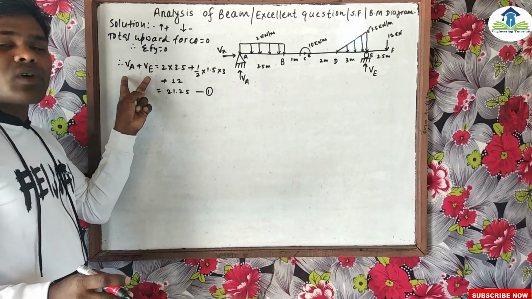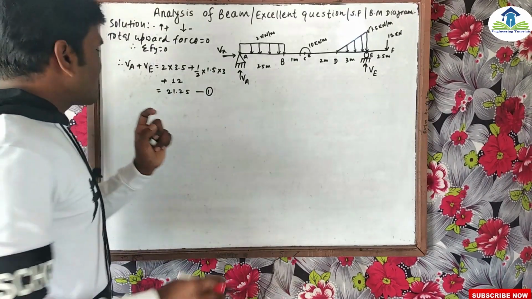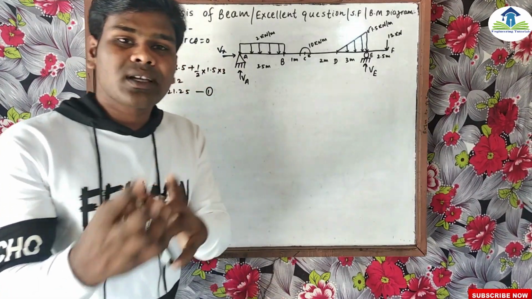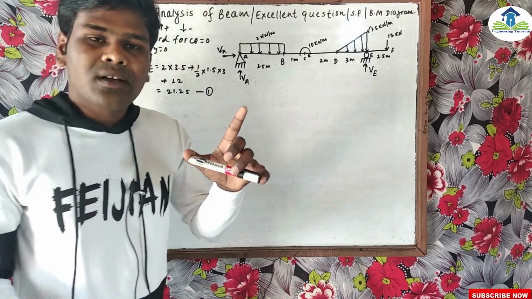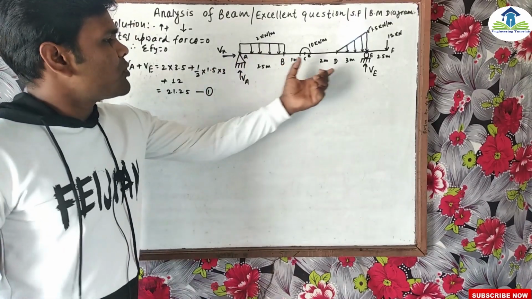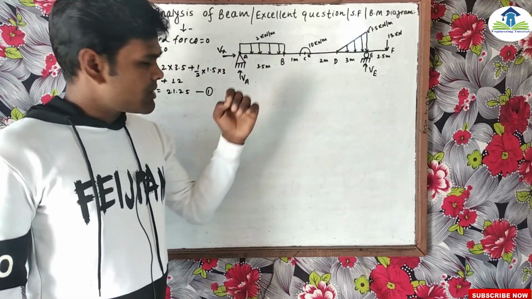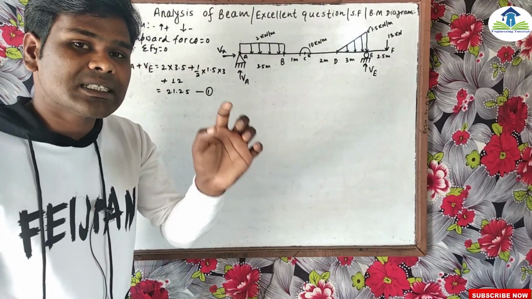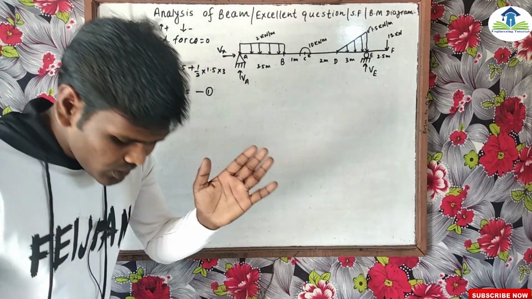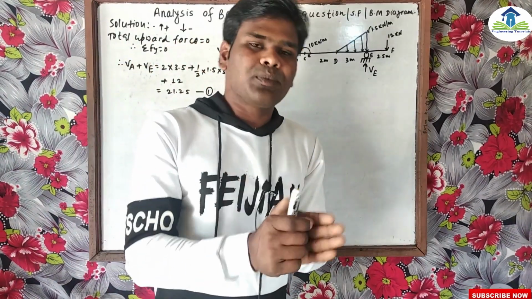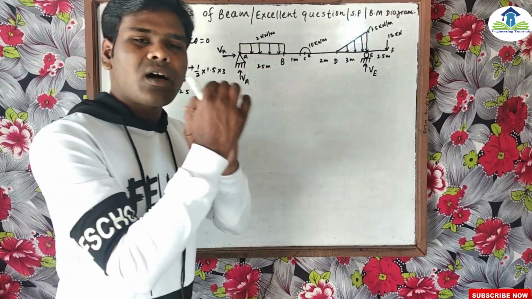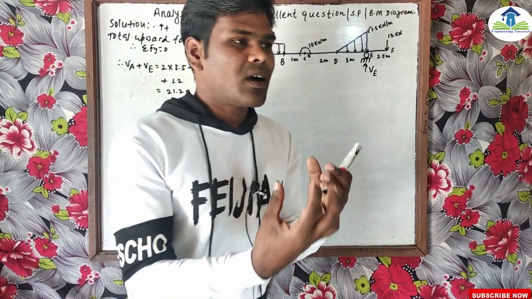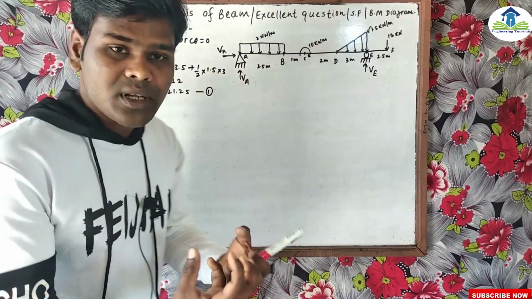Here there are two unknown reactions in one equation. So what do we do now? At any support, there are two supports, we take the total bending moment equal to 0. We know that at any support the total bending moment is 0. This is the equilibrium equation, the principle of equilibrium.